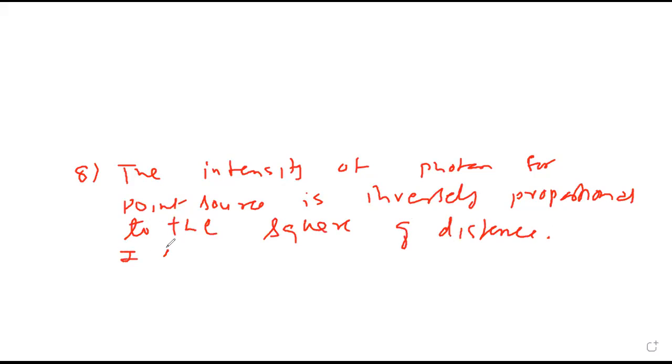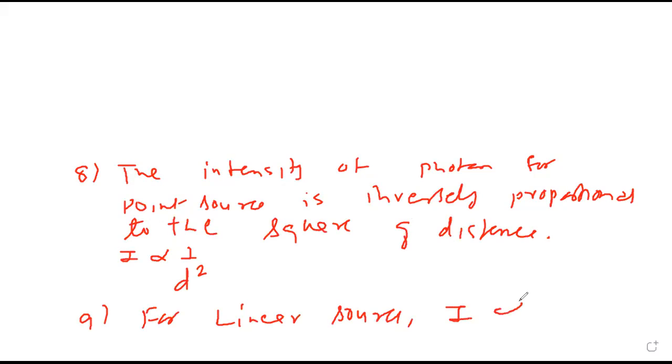So I is inversely proportional to 1 upon d square for point source. For linear source, intensity I is proportional to 1 by d. Right, 2 points. Point source 1 upon d square, linear source 1 upon d.